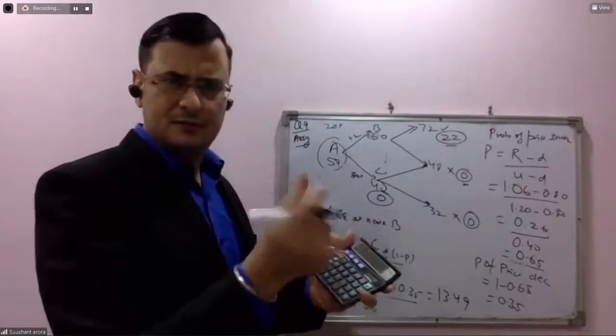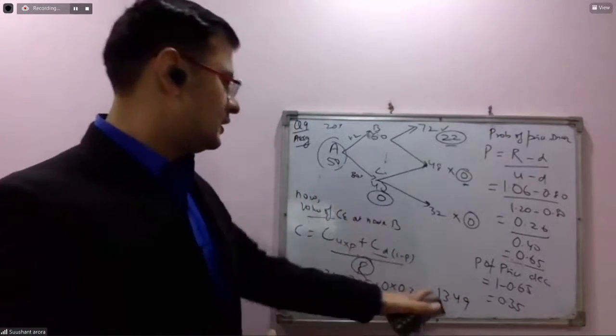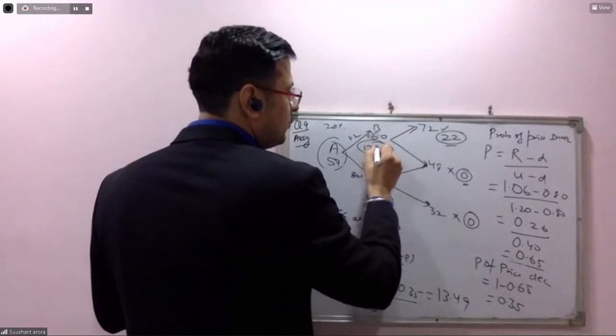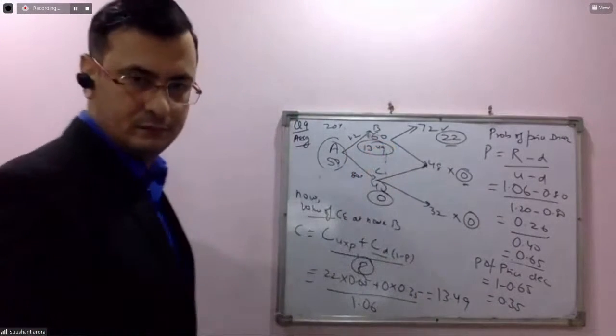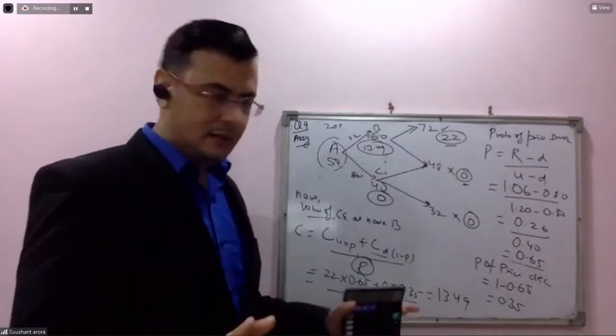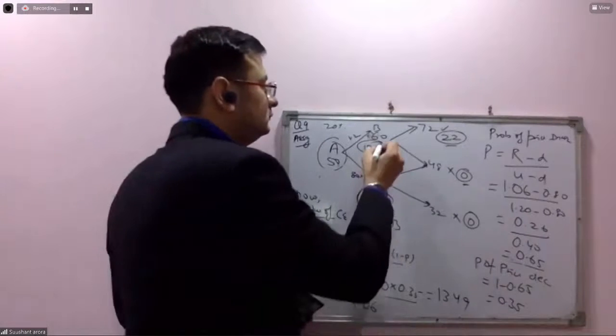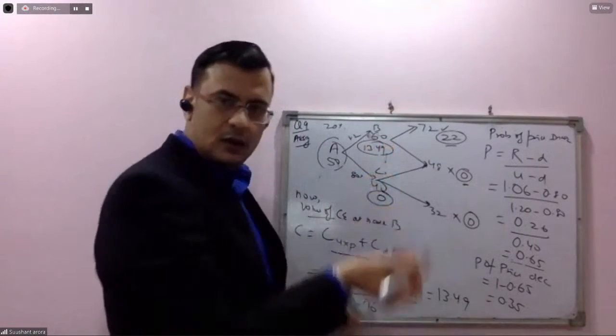So in the exam, let's take it to 2 decimal places, 13.49. So this value is coming out to be 13.49. Clear? So we have got the payoff at node B. Node C is already 0.